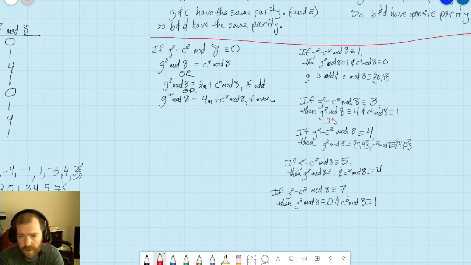So G mod 8 must be 2 or 6. And C mod 8 must be, oh, well, C is just odd. Right, any odd value.